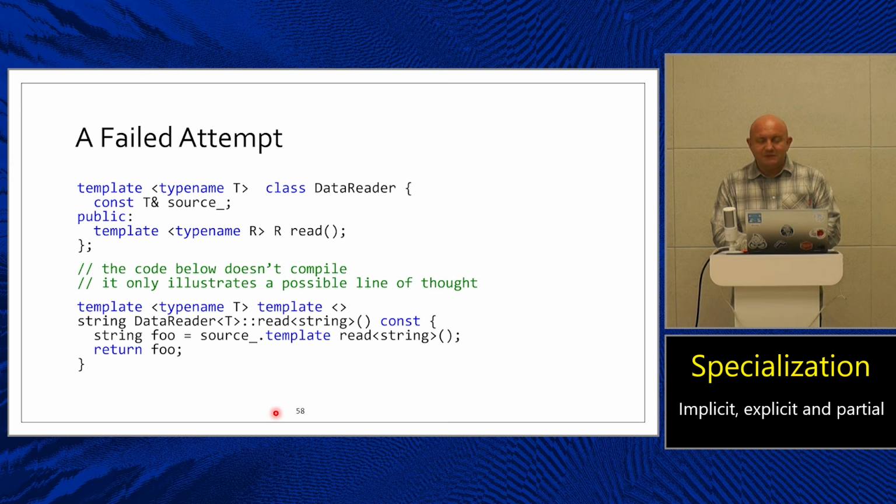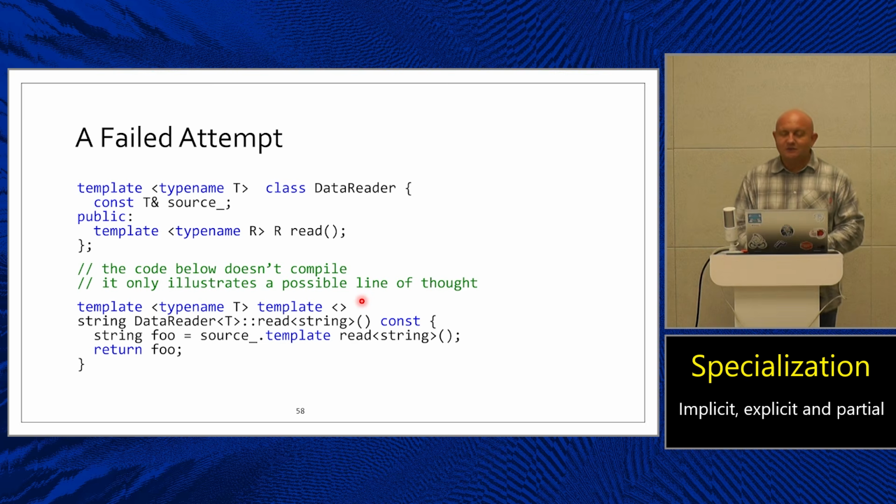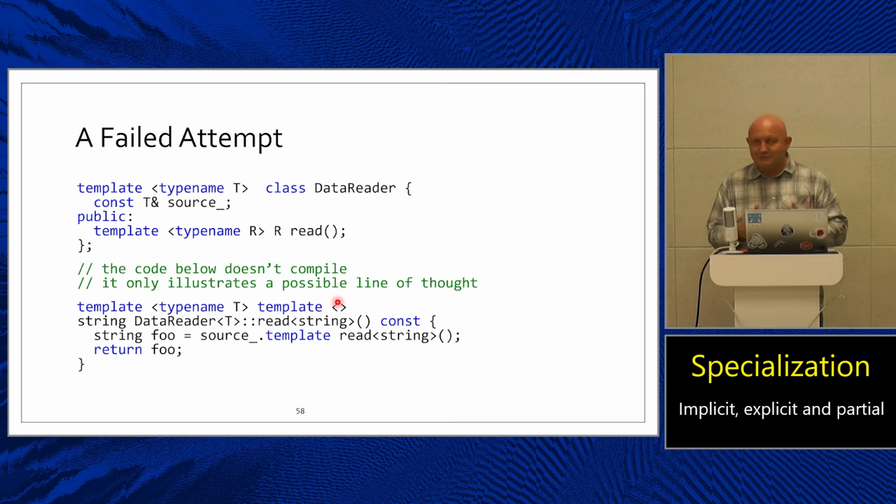Our first instinct is to write something like this, but we are trying to use void angle brackets for the member function, thinking we are fully specializing it for std::string, but this code doesn't compile because this is a partial specialization. This function really has two template parameters in different but nested template parameter scopes. Do you remember about scopes? We did have template parameter scopes.